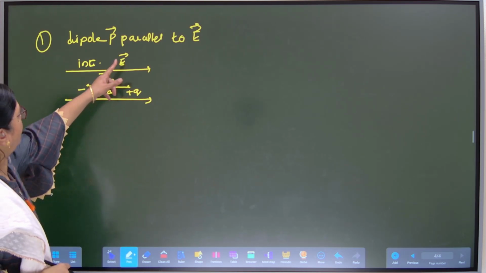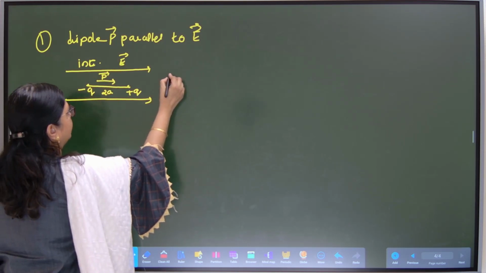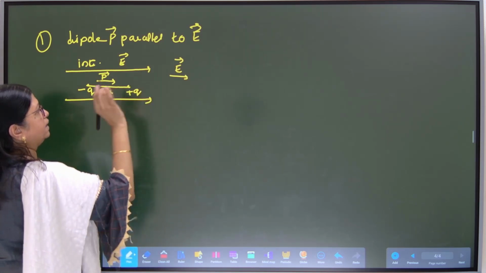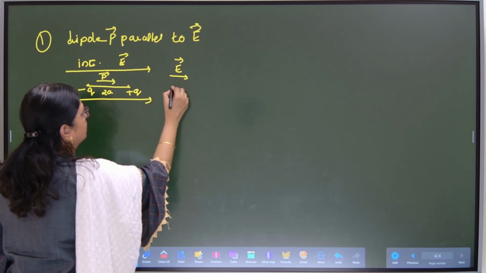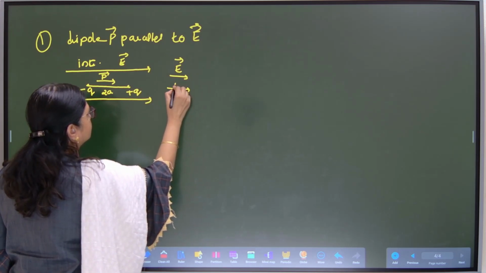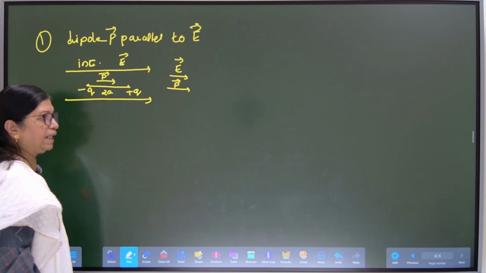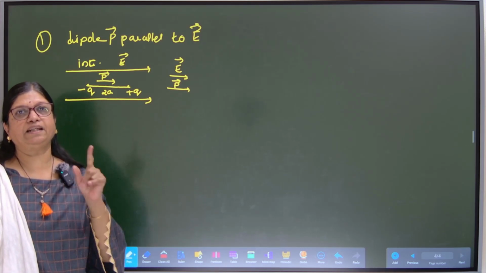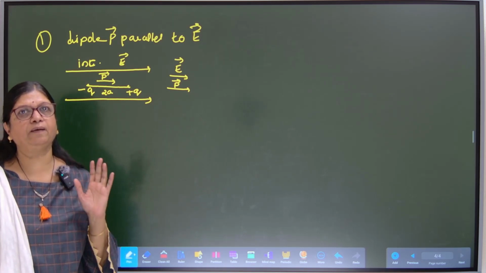Fine. So as you can see, the direction of increasing electric field is represented like this, and this dipole is kept parallel to the direction of the increasing electric field.